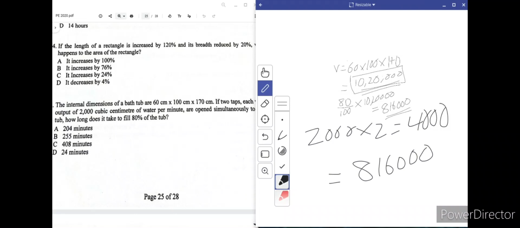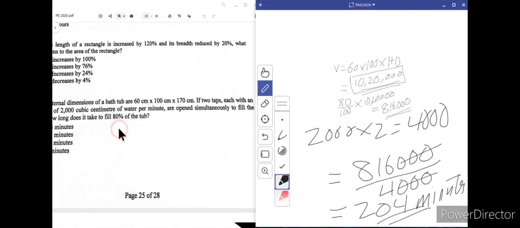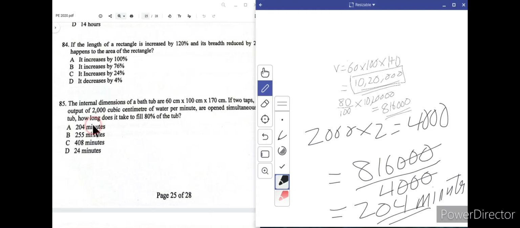So 8,16,000 divided by 4000 per minute will give us 204 minutes. So the correct answer for question number 85 is option A, 204 minutes.